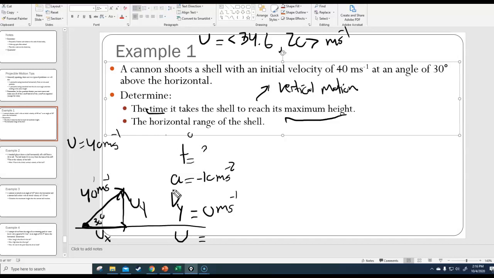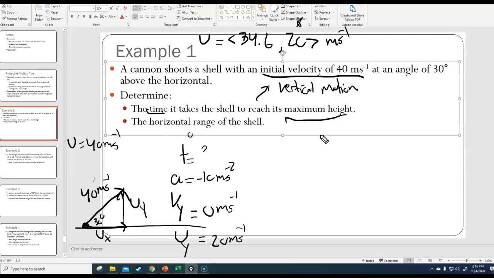What is the initial velocity here? Well, you might say, oh, the initial velocity is 40, so it should be 40. No, because remember, I'm dealing with vertical motion. Okay, that means the only stuff I should be writing down to do any calculations is y stuff. That means the initial velocity that I really care about is 20 meters per second, because that is the y component of my initial velocity.